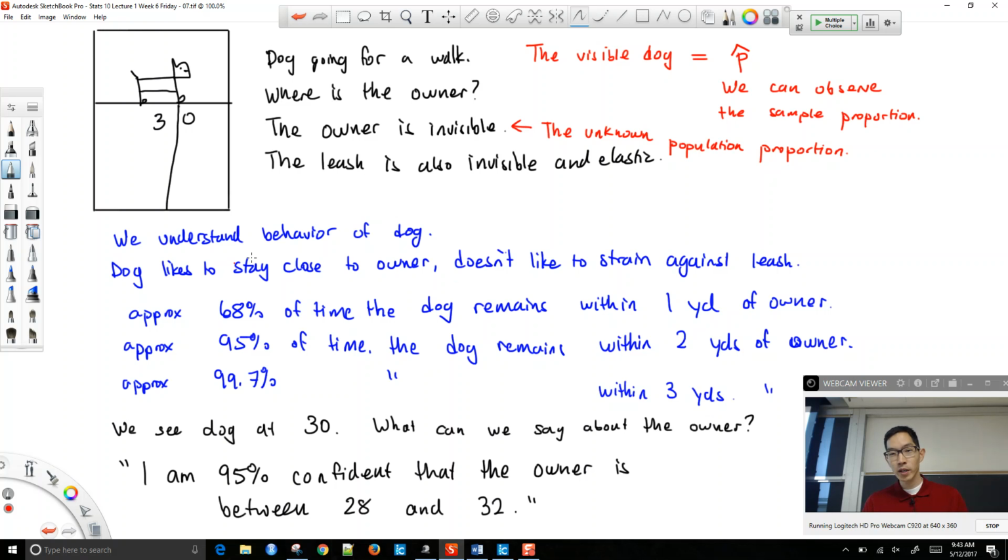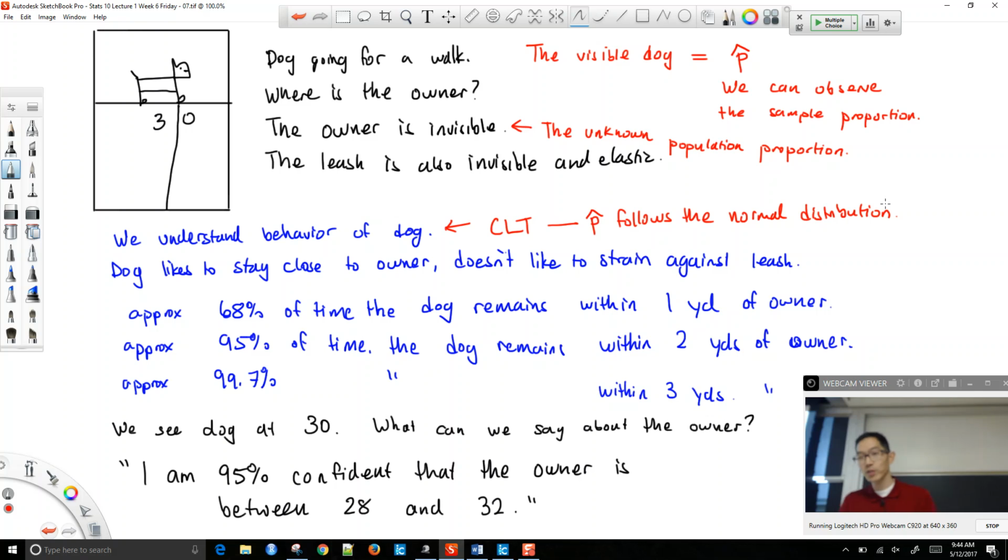Okay? And this behavior of the dog is basically the central limit theorem, stating that p hat follows the normal distribution. The central limit theorem says that whenever you take a random sample, 95% of the time, that p hat you get is going to be within 2 standard deviations of the mean.